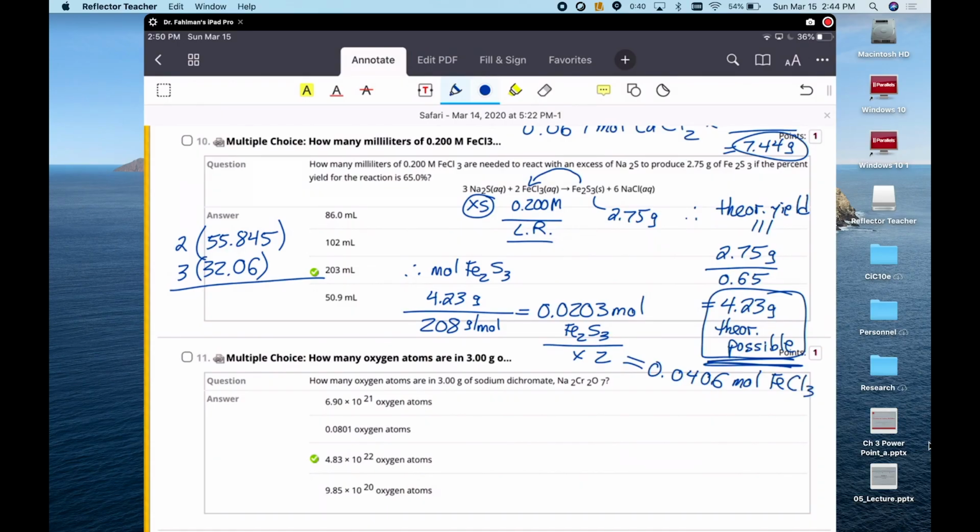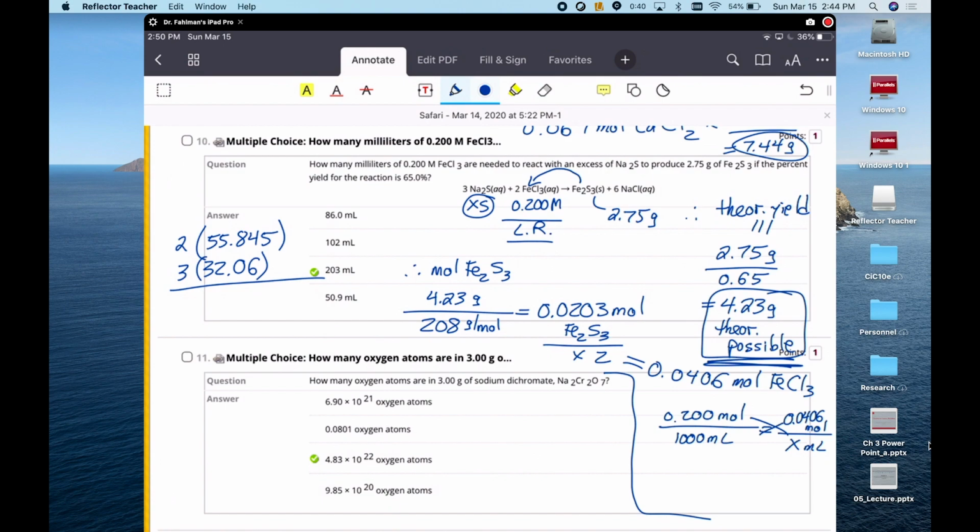Then you're told that you have 0.200 moles for every 1,000 mL. If I have 0.0406 moles, how many mL is that?